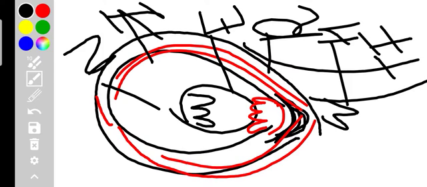It is a typical ovule, जैसे कि मैंने बताया it is ovoid in shape and it is whitish in color.